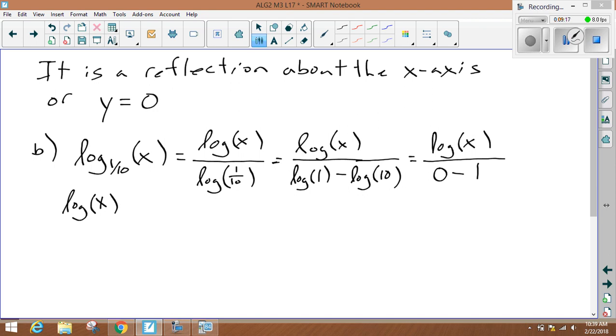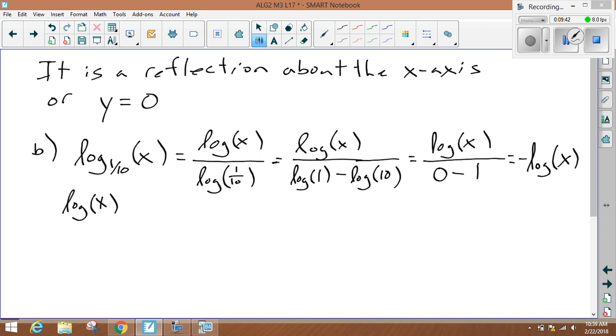So I just divided log base 10 of x by -1. What happens when I divide something by -1? It makes it negative. And doesn't it make sense that negative log base 10 of x is a reflection about the x-axis of positive log base 10 of x?